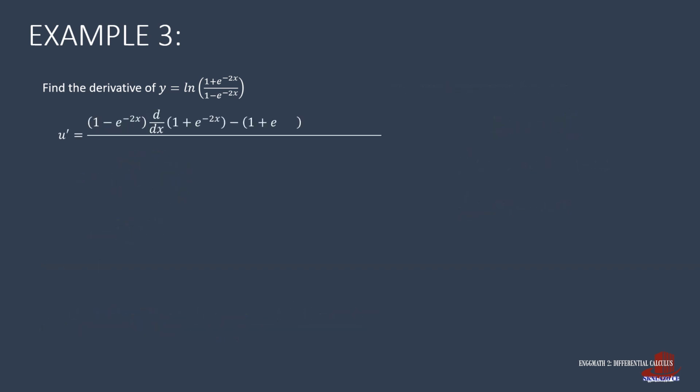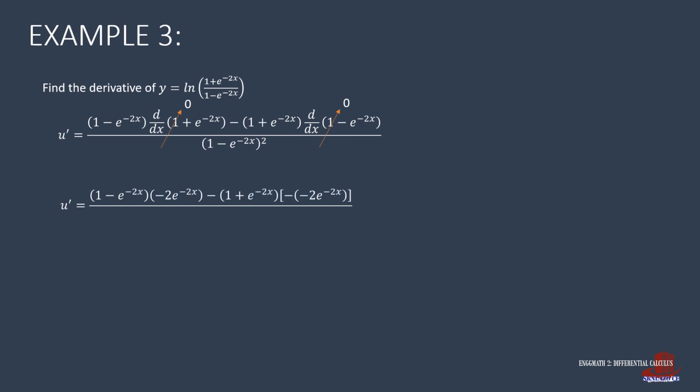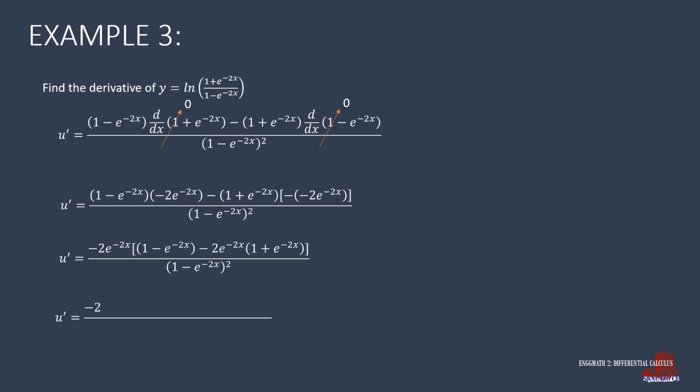If we get back to u prime, we can shorten the equation by taking out the derivative of the constants. Then plug the previously solved negative 2 times e raised to negative 2x as the derivative of the second term. Simplify the signs to shorten the equation, and factor out negative 2 e raised to negative 2x.